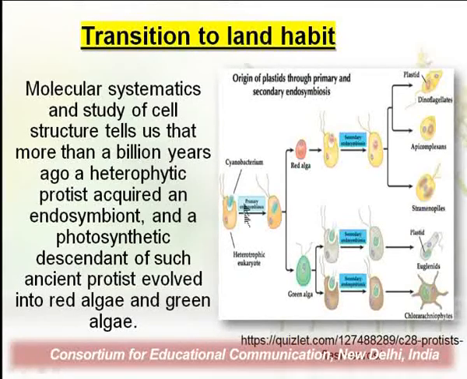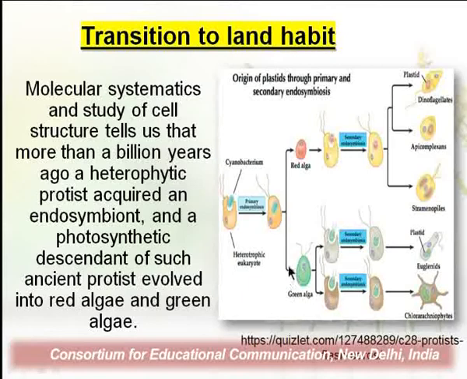So, let us understand: a heterotrophic eukaryote engulfed an autotrophic prokaryote, which in this case is a cyanobacterium, and the first event of endosymbiosis took place.